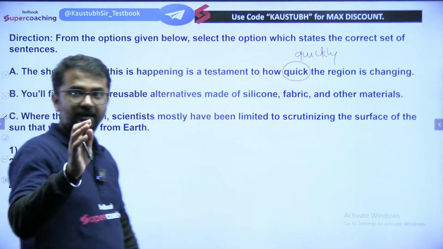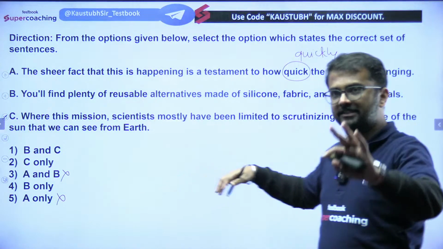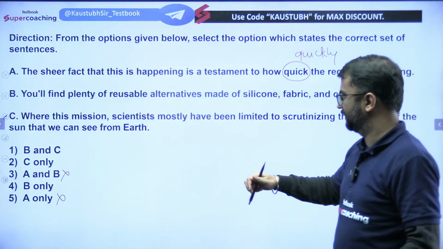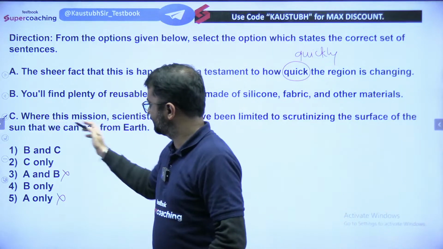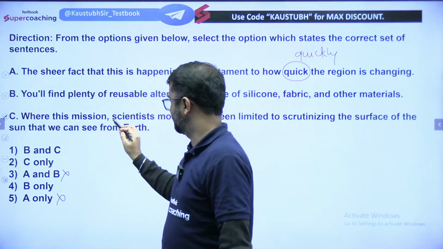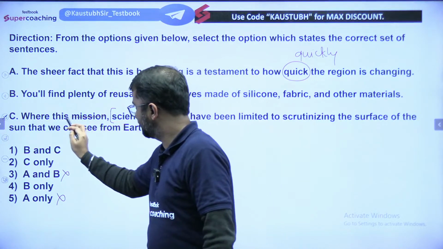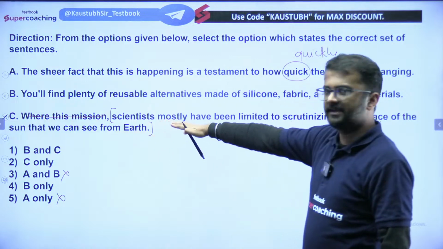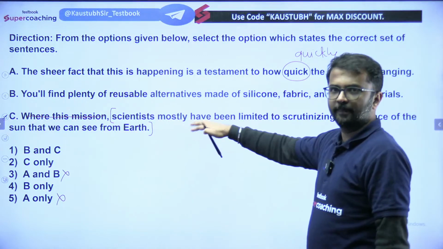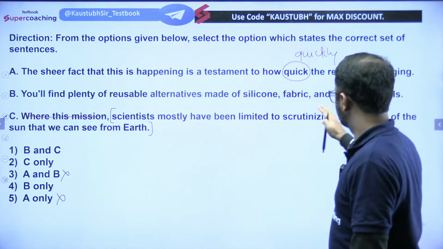Now read, yes, Niranjan, not with this mission, we can say in this mission also. Imagine that "where this mission" is not there in the sentence. Okay, this is only the given part. ये लिखा ही नहीं है ऐसे imagine करो. Scientists mostly have been limited to scrutinizing.